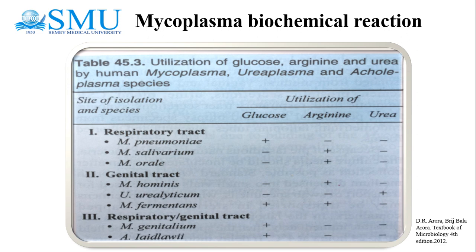Arginine-metabolizing species produce ammonia, carbon dioxide, and adenosine triphosphate by metabolism of arginine, and production of ammonia results in a shift in pH to alkaline. Similarly, Ureaplasma urealyticum hydrolyzes urea to ammonia, again resulting in an alkaline pH shift.